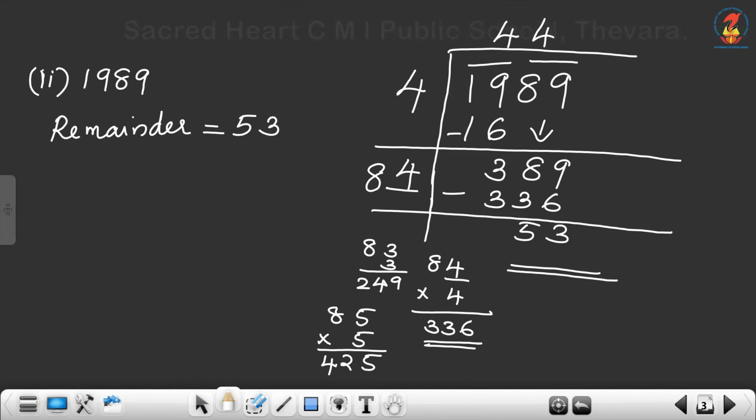So the meaning is that 44 square is less than 1989 because we got the remainder.